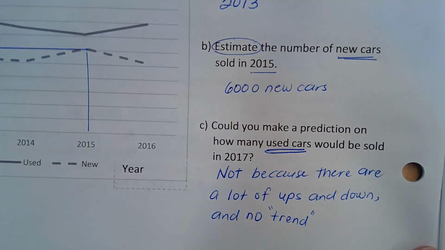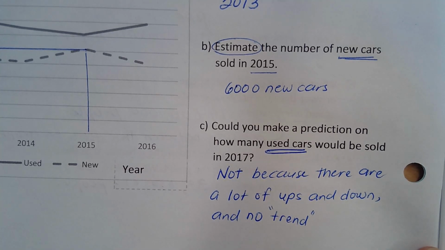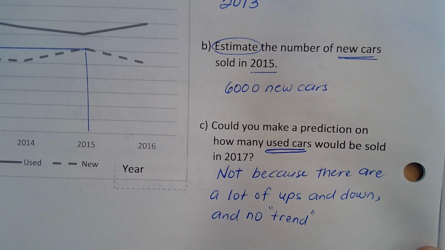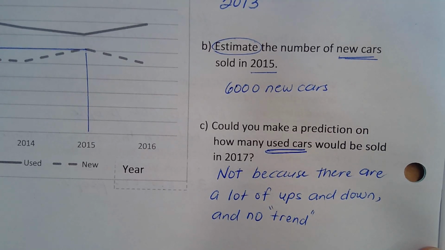Is it an upward trend? Is it a downward trend? We don't know because there's a whole bunch of ups and downs. We don't know. We can't see the pattern. Okay? Is that okay? So in this case, you can't predict because it's like up and down stuff.